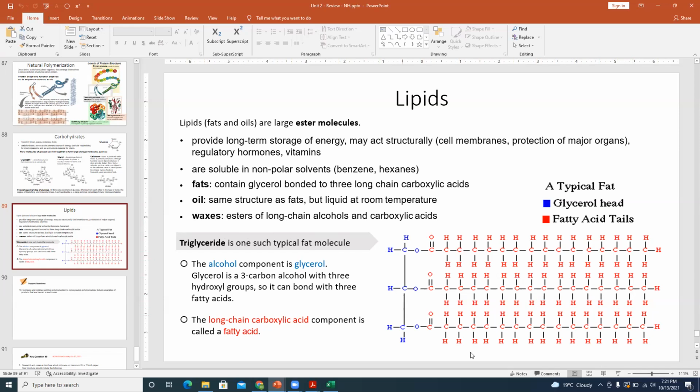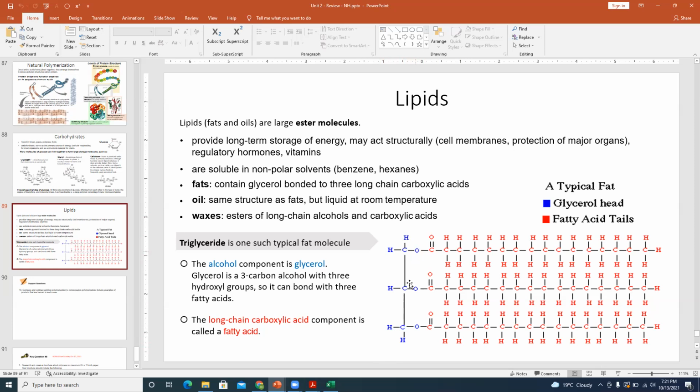So this molecule of triglyceride that I've shown here is one of these very typical fats that we have circulating through us. It has this alcohol component, which is the glycerol, and the glycerol is a 3-carbon alcohol molecule, so 1, 2, and 3 carbons, and it also has 3 hydroxy groups.